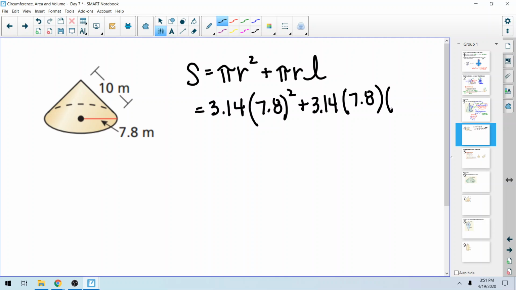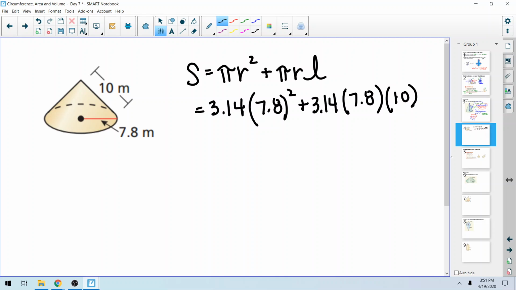On this one, we're given 10. Is 10 the slant height? The answer to that is yes. Because it's slant height, we can just substitute it in. We don't have to do any extra math, and we're good to go.